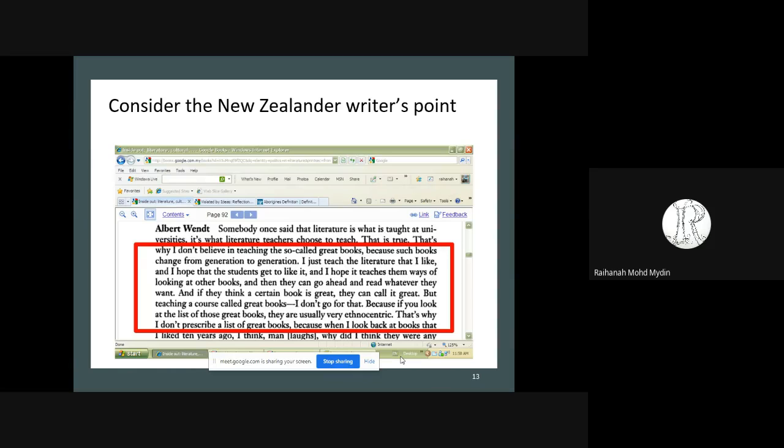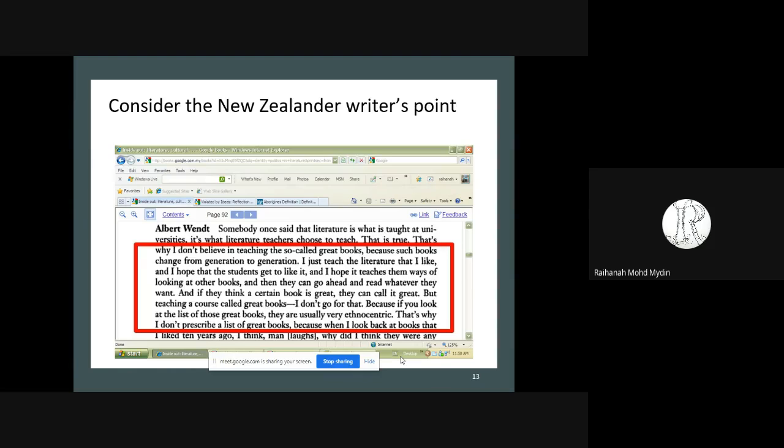I just teach the literature that I like, and I hope that the students get to like it. And I hope it teaches them ways of looking at other books. And then they go on ahead and read whatever they want. And if they think a certain book is great, they can call it great. But teaching a course called Great Books, I don't go for that. Because if you look at a list of those great books, they are usually very ethnocentric. That's why I don't prescribe a list of great books."